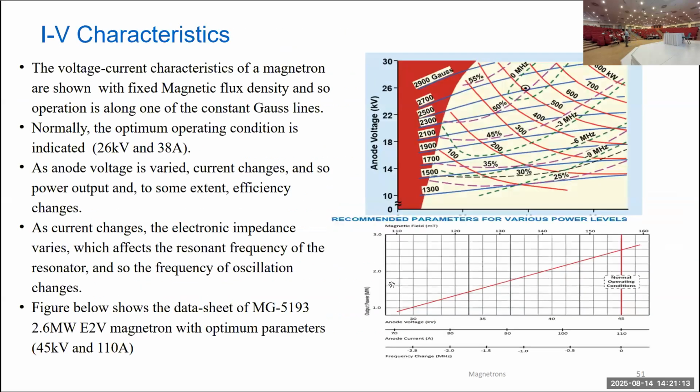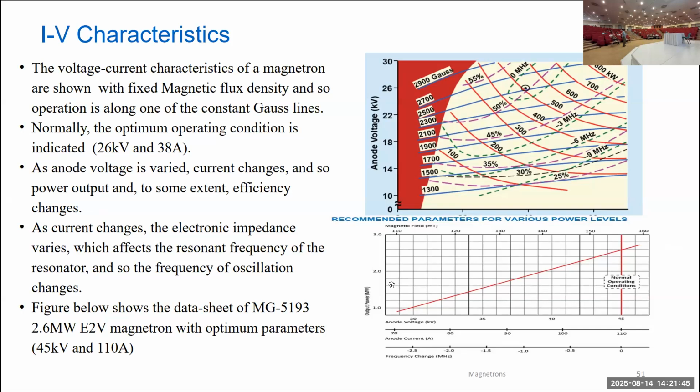Now, the performance. Here, the IV characteristics of a typical magnetron are shown. The voltage current characteristic normally has an optimum operating condition, as indicated by this particular 26 kV and 30 ampere dot here.